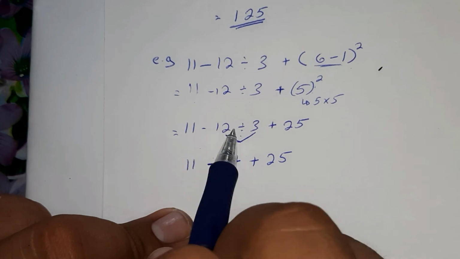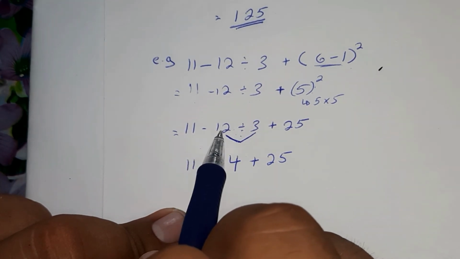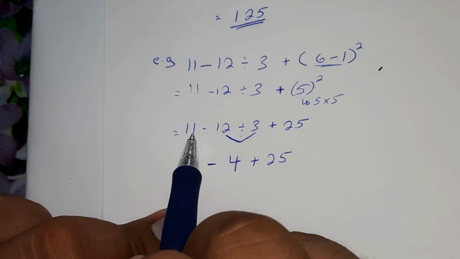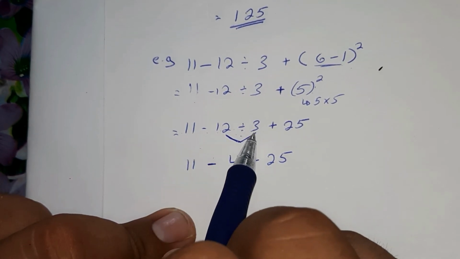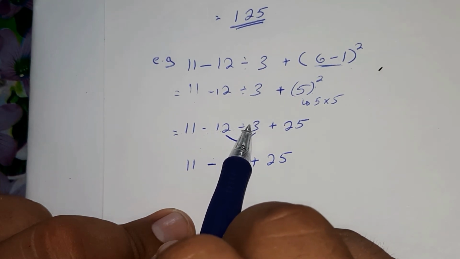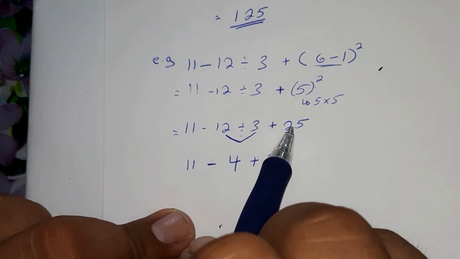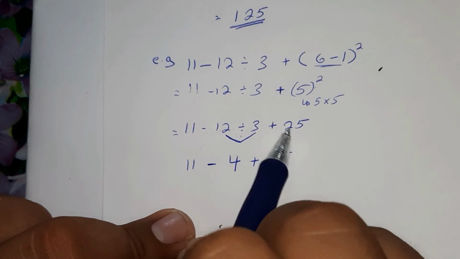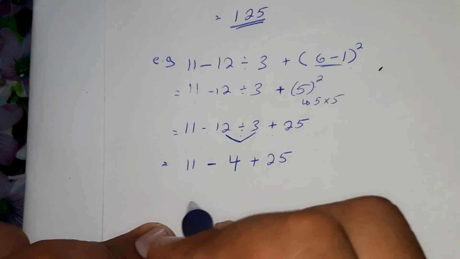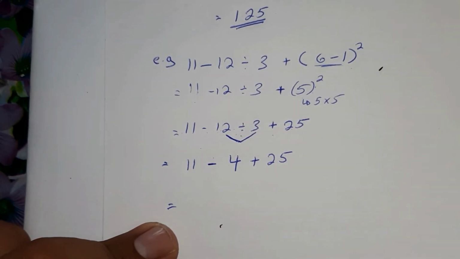Remember that the sign closest to it goes along with the number. So this number is negative. This 11 is positive. This 3 is positive, even though it has a division. We know that there's no sign. It is positive. And then this 25 is positive. Right? So, do we have any multiplication?